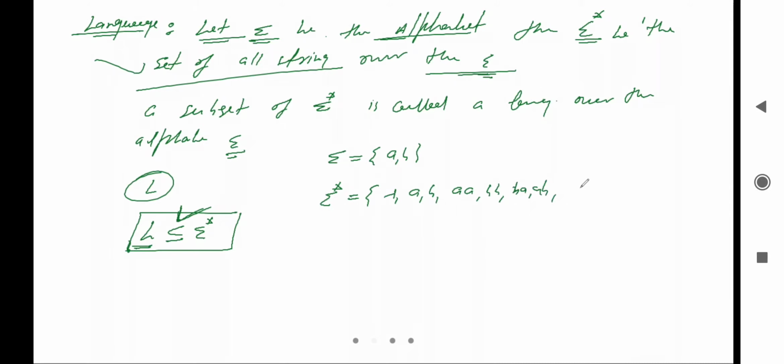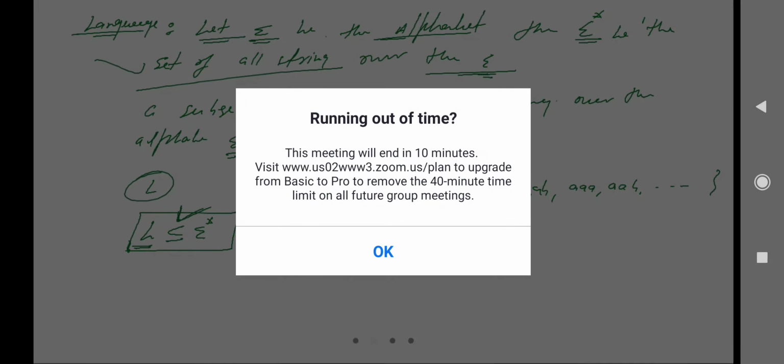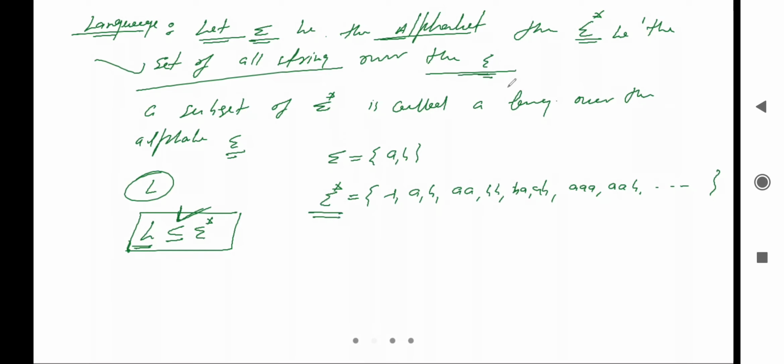After that three length strings: aaa, aab, and so on. After that four length strings, 5, and so on, okay? So this is the sigma star.